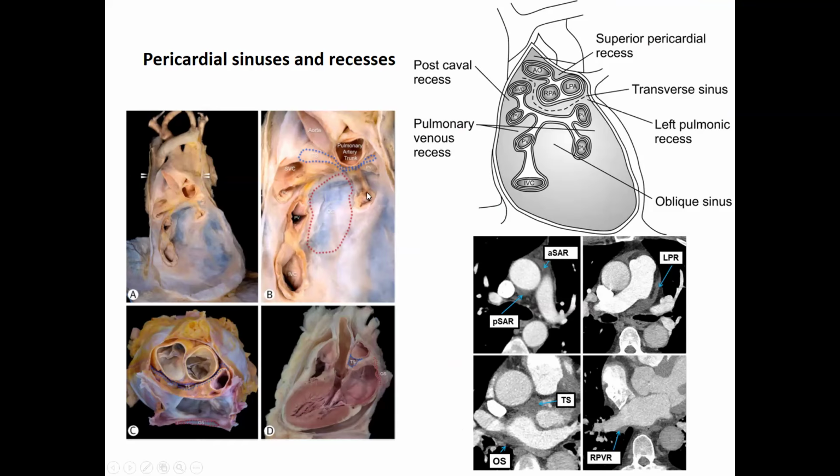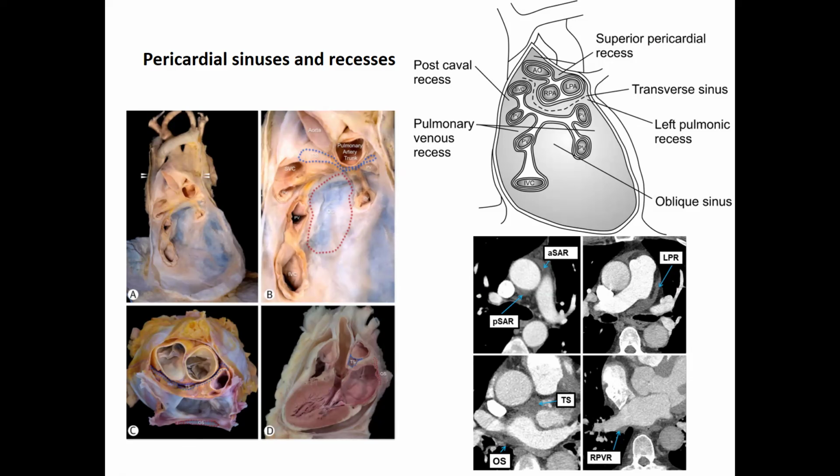Can you see my pointer? Yes. Great. So there's the transverse sinus. The transverse sinus is usually a tunnel, caused by the reflection of the pericardium on the heart and great vessels.